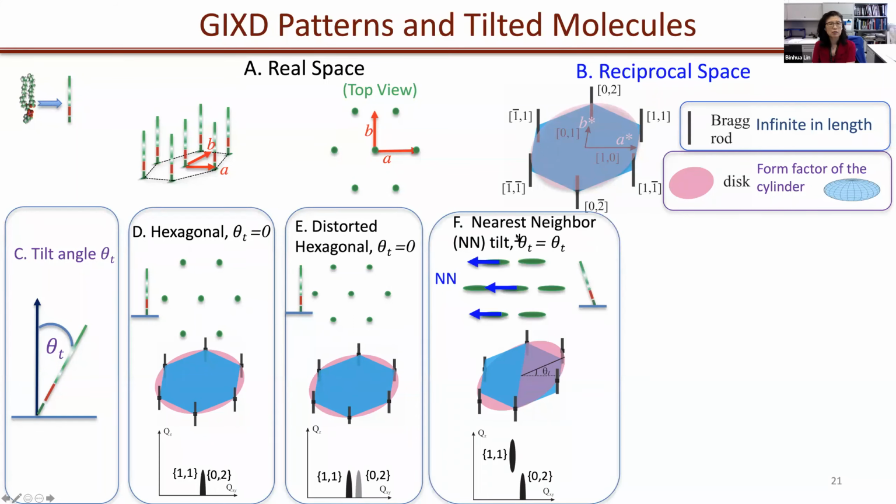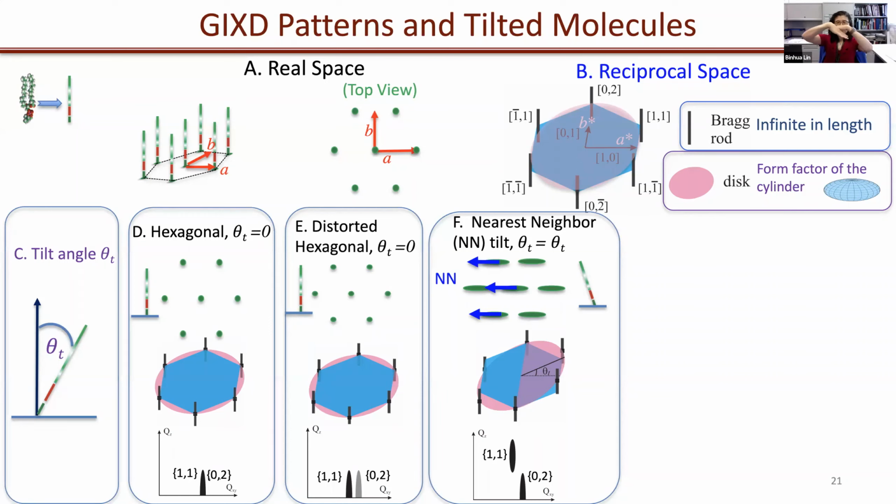Now we get to the tilt. The first tilt is along the nearest neighbor. That means the pink disk is tilted. If I use my 2 hands, I still have enough hands to illustrate that. The blue is my left hand, and it stays the same, but the pink tilts in that direction because the molecule tilted this way.